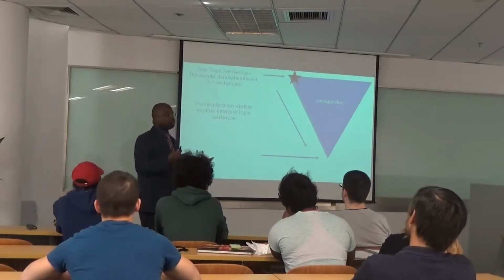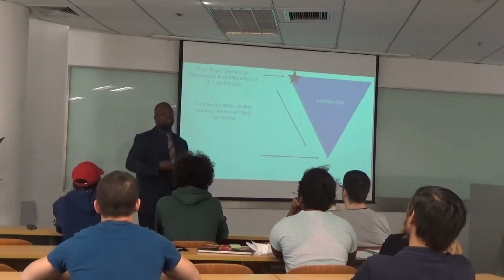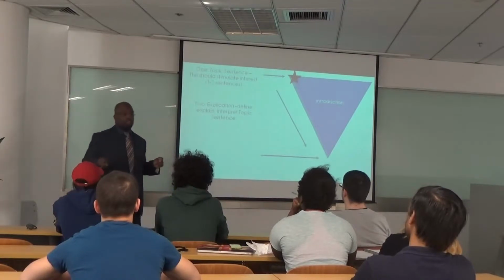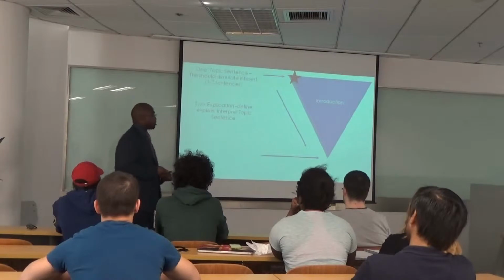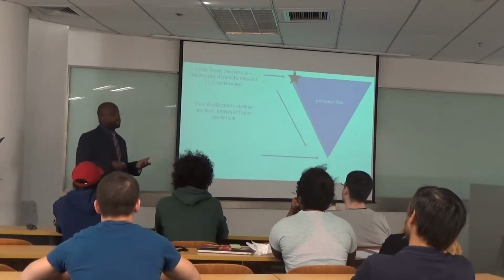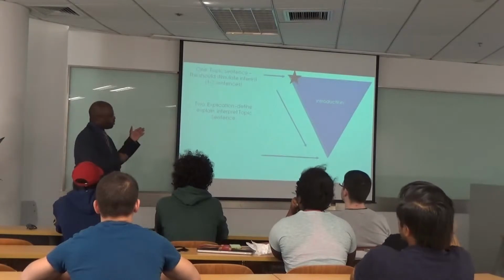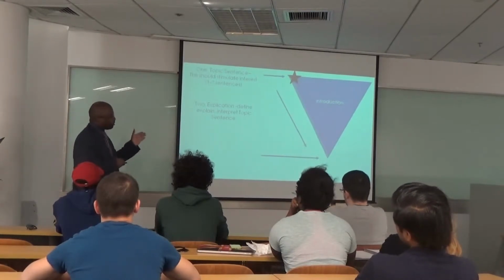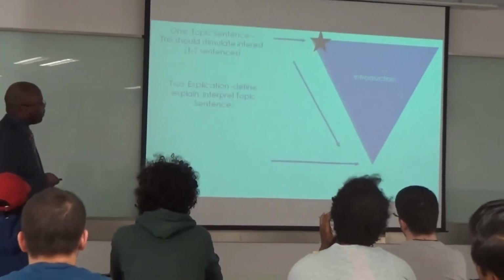To expound is to write about a philosophical thesis or an ideology, not just to explain what it is, but to define it in your own terms. So once you have your topic sentence, from that you get your explication, and if you notice how it goes down, it's getting narrower towards the end.